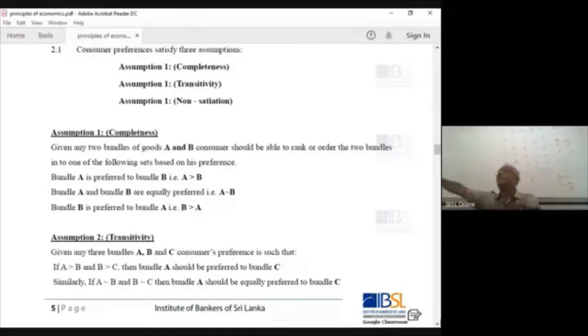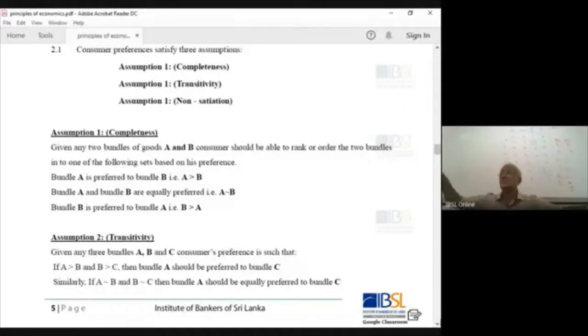This should imply what? Between oranges and banana, which is preferred? Oranges preferred to banana. Right? That is called the transitive property. Oranges preferred to apple, apple preferred to banana. This should imply oranges preferred to banana.